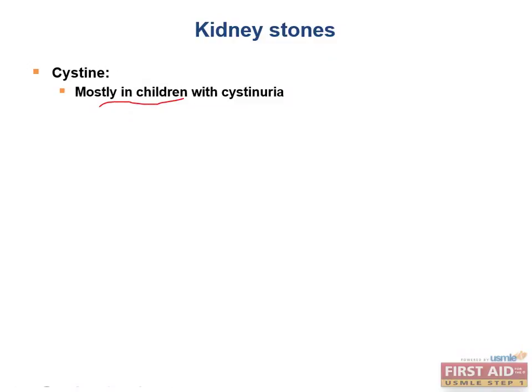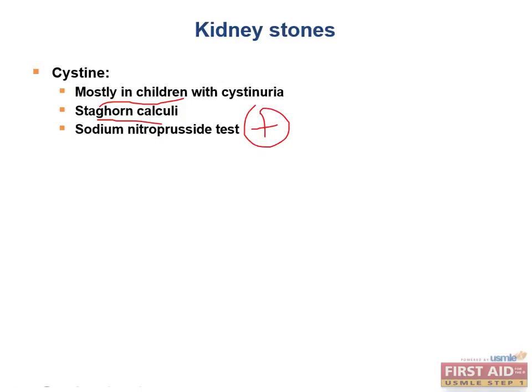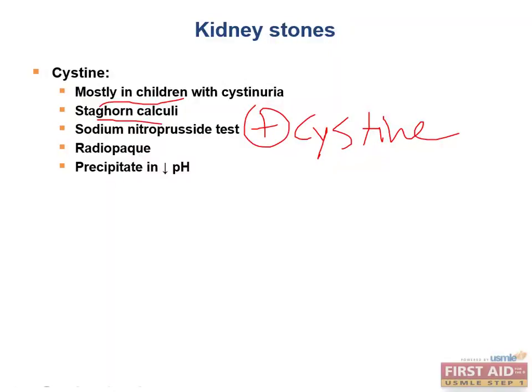They can also form staghorn calculi, those big stones that we saw earlier. And the test for cystinuria is the sodium nitroprusside test, which will be positive if there's cystine in the urine. These stones are radio-opaque, so you can see them on X-ray, and they precipitate in decreased pH, so we're going to treat by alkalinizing the urine.